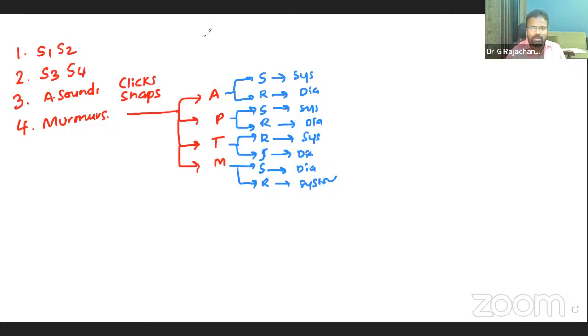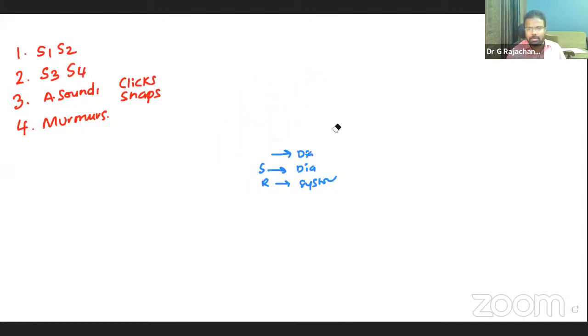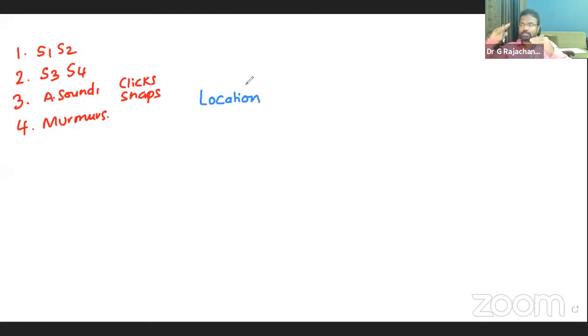And one more interesting thing is every murmur needs to be understood under the following headings. Every murmur has its own location, that means where the murmur is clearly audible. An aortic murmur is better audible in the aortic area. One more important thing you should know: it is a wrong concept that the aortic area is present over the aortic valve.